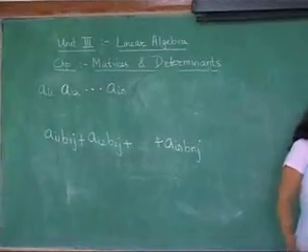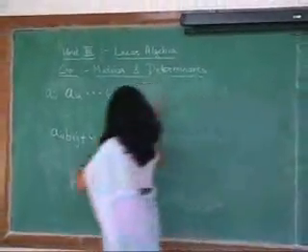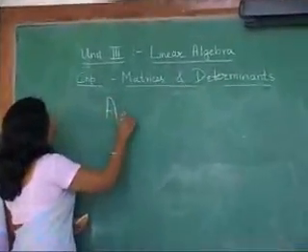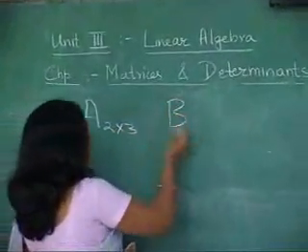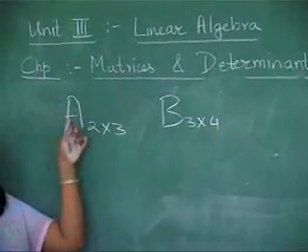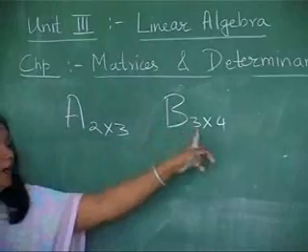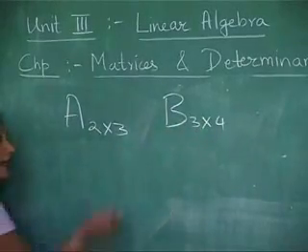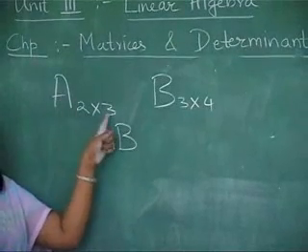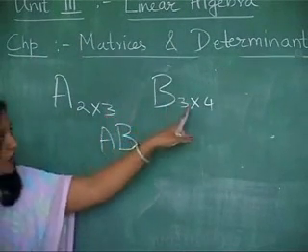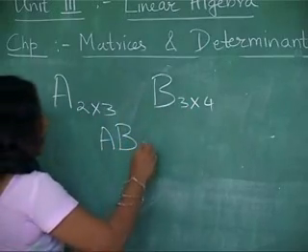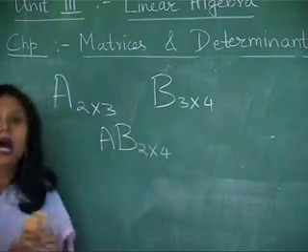Notice something very interesting over here. It's quite possible that if I take two matrices A and B, for example, a matrix A of order 2 by 3, B of order 3 by 4, then it is possible to multiply A with B because the number of columns of A is equal to the number of rows of B. This is going to be a matrix of order 2 by 4.